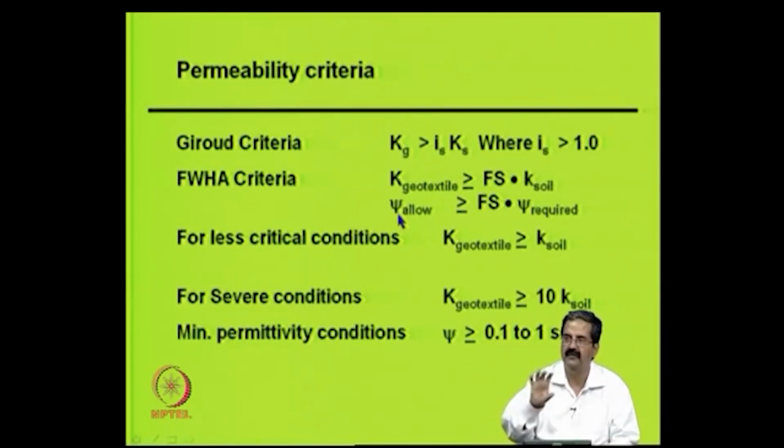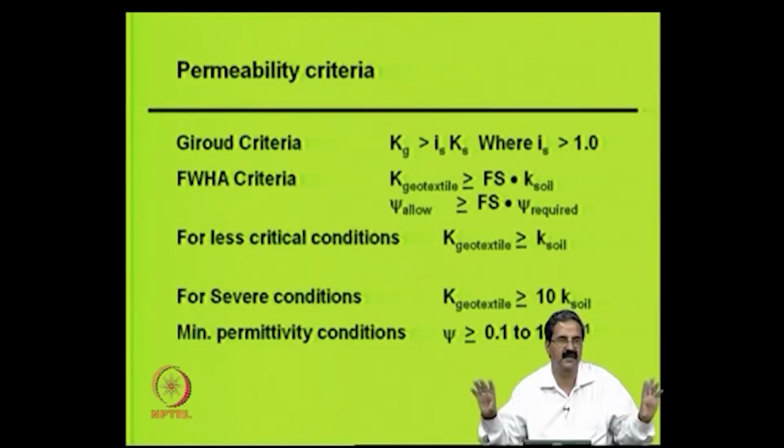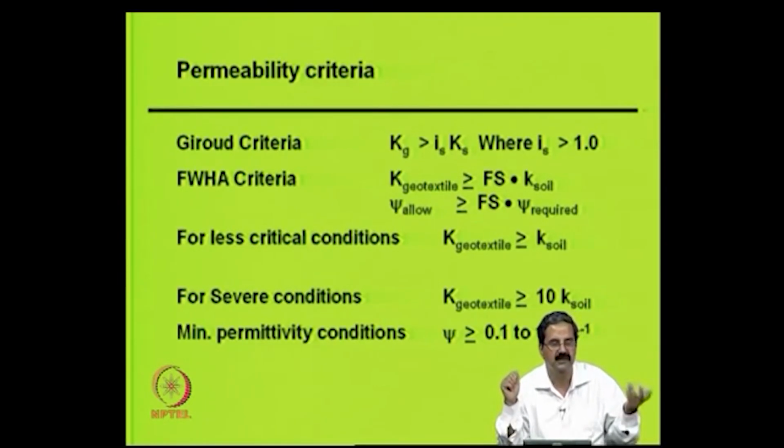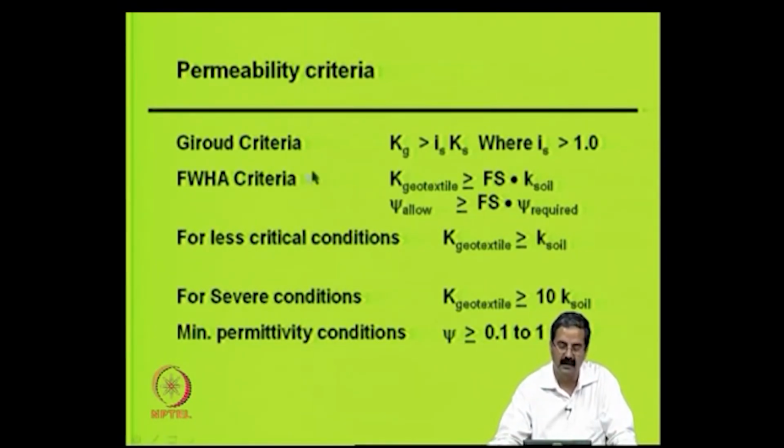If you want to compare different types of geotextiles of different thicknesses, how do you compare? I must have a non-dimensional way of doing it, which is in terms of this, because that is important, whereas in other cases like stones we do not have that type of criteria. So, this permittivity criteria is another important one, and the allowable permittivity should be more than the required.